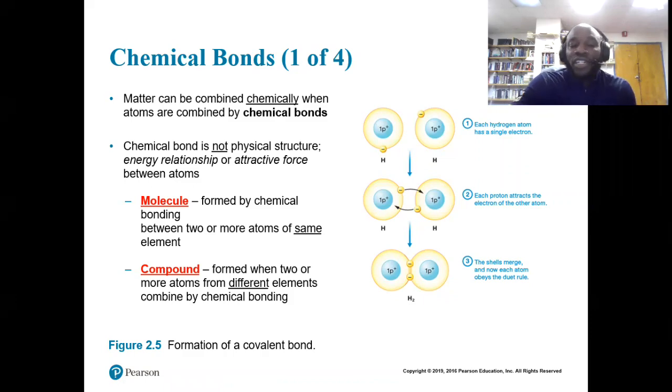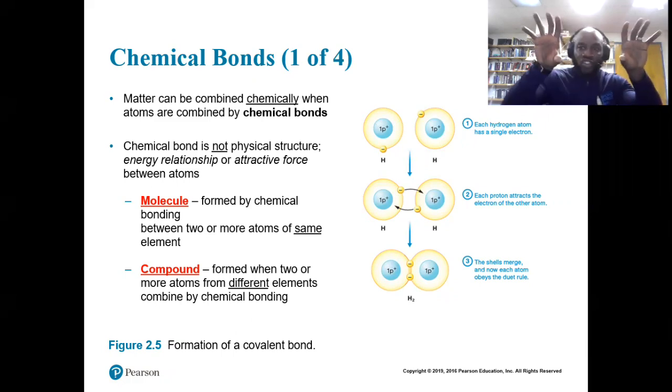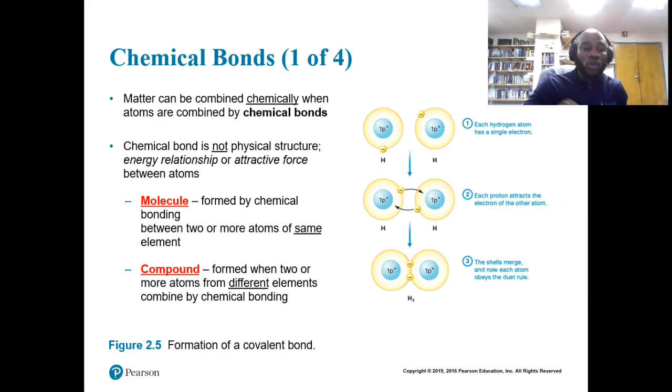Now, slightly different is a compound. Think of water, for instance, H2O. Hydrogen, oxygen, H2O, formed when two or more atoms of different elements are combined by chemical bonding, right? Notice the difference in a chemical bond. If I mix salt and water, I have salt and water both together.